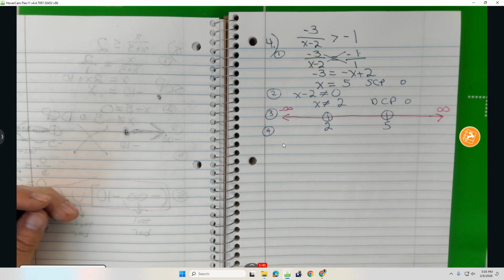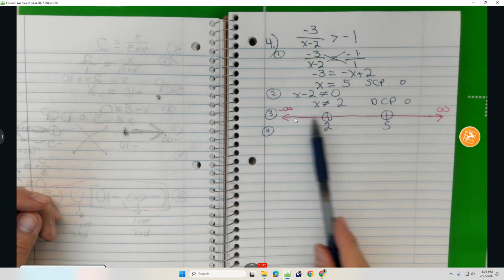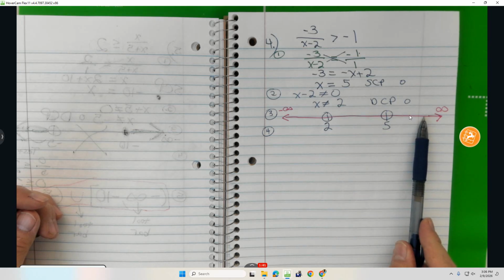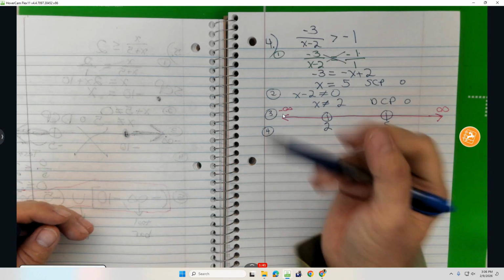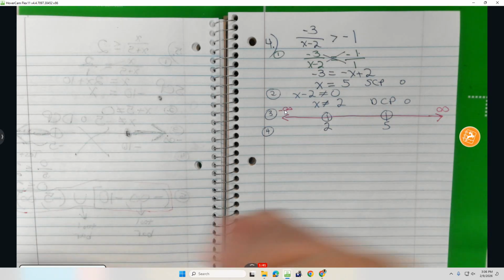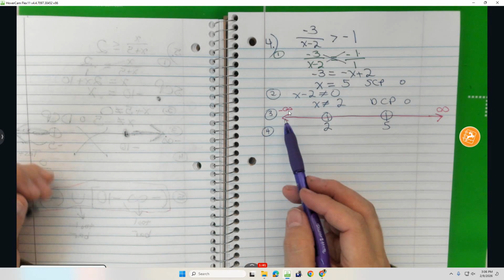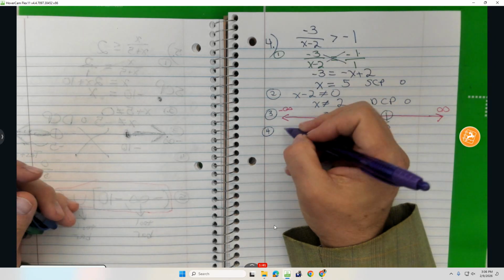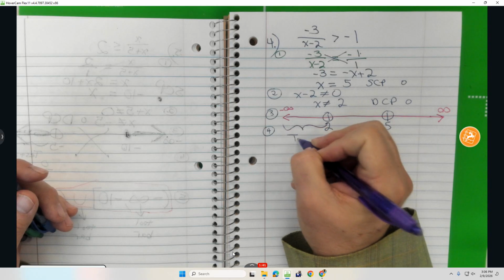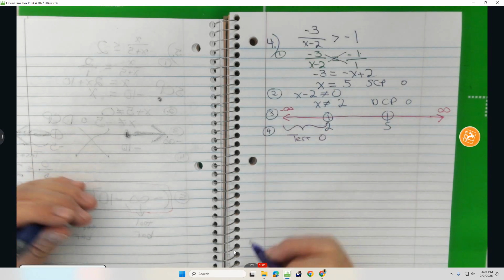Now, which interval contains 0? Interval 1, 2, or 3? 1. 0 is to the left of 2. 0 is always between a negative and a positive. Negative infinity and the positive, that's where 0 is. So we're going to test that first interval, 0.